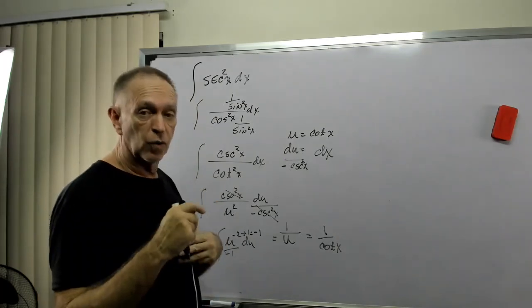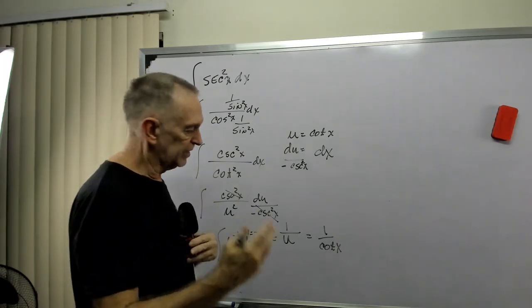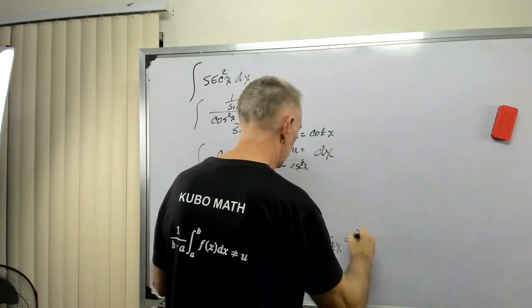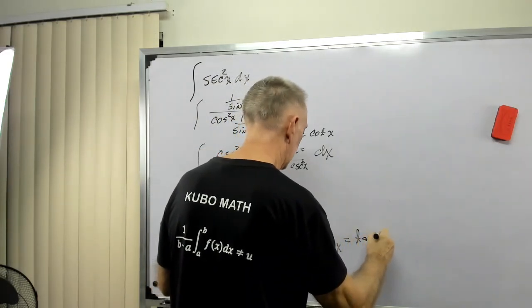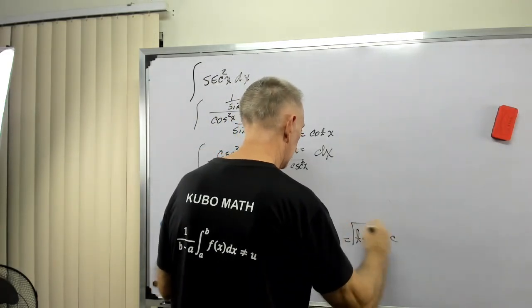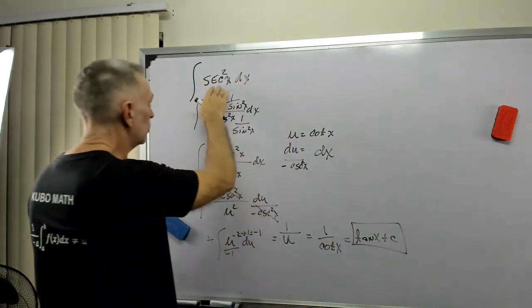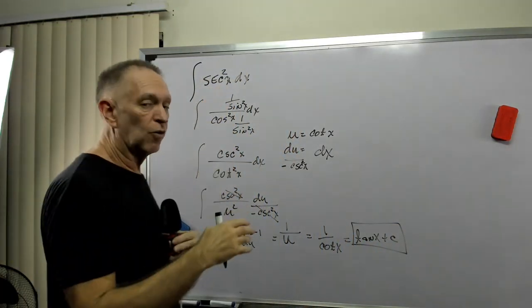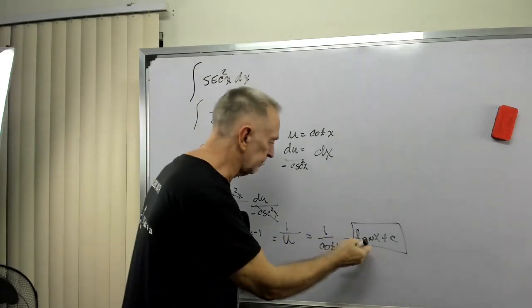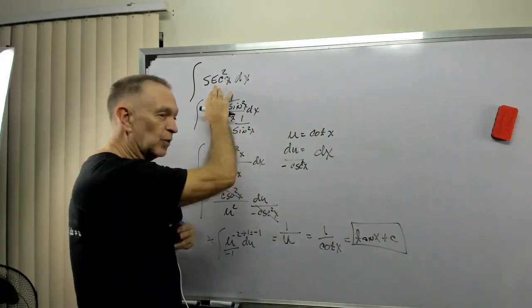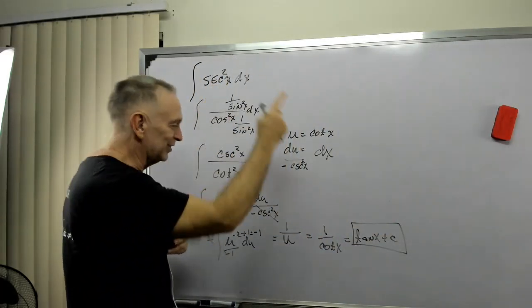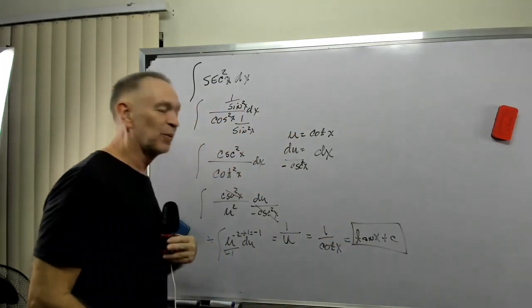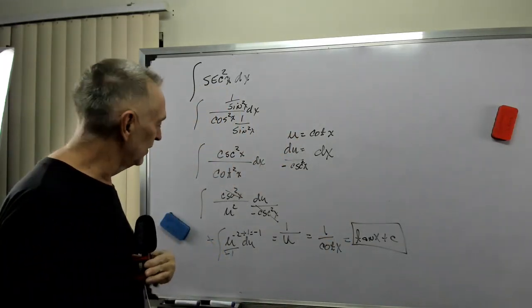Well, what is 1 over cotangent? Tangent. So I end up with tangent x plus c. That is the integral of secant squared. Now we already knew the derivative of tangent is secant squared. So we knew we should come out with this if we've done our homework correctly.